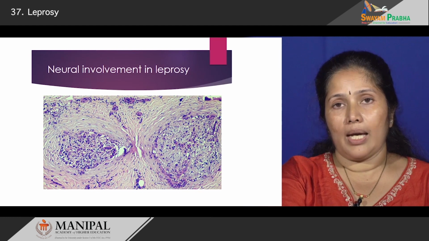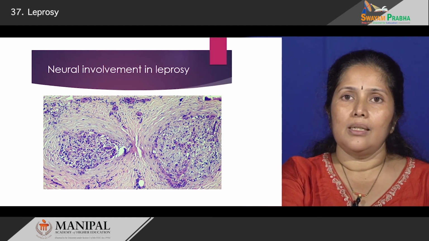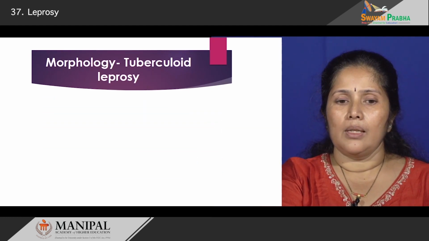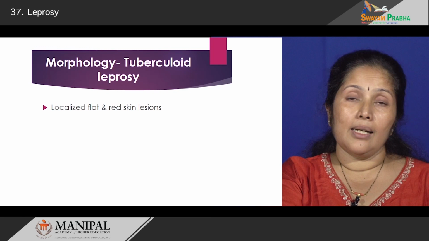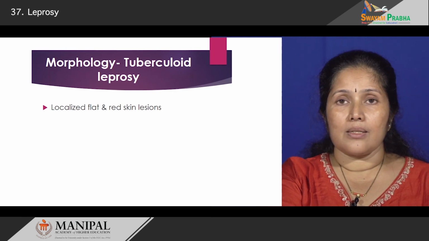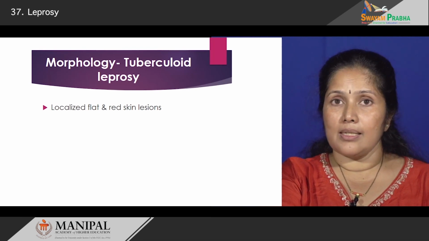Now, let us look at the morphology of the tuberculoid end of the disease, that is, tuberculoid leprosy. Tuberculoid, in relation to lepromatous, is a more localized kind of disease, so the lesions are much fewer. And how are these lesions?